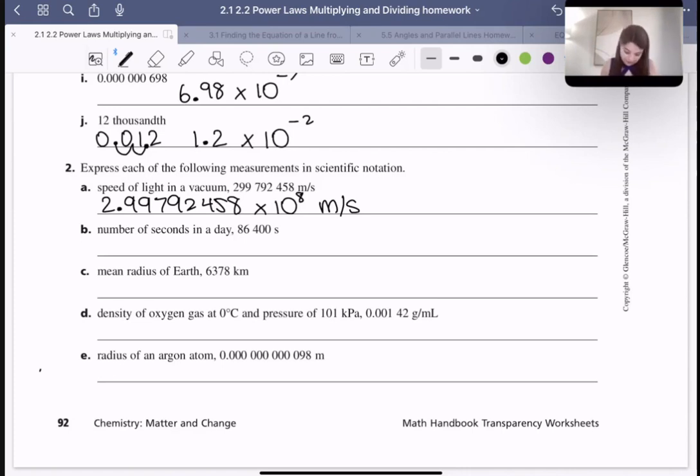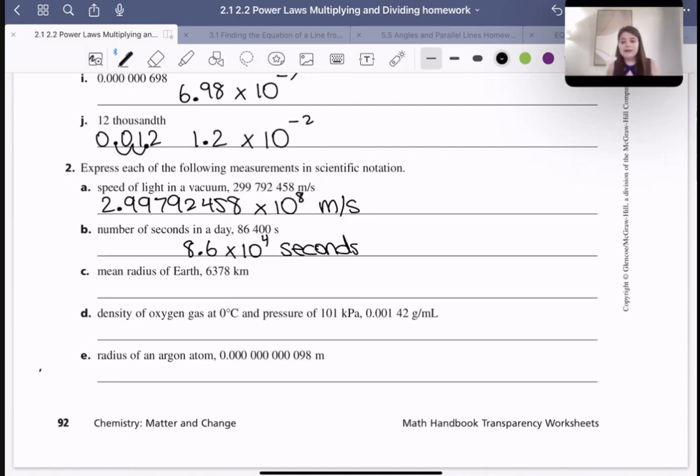Okay. Number of seconds in a day. 86,400 seconds in a day. Okay. Well, we got to start here and go 1, 2, 3, 4 over. So this would be 8.6 times 10 to the power of 4 seconds in a day. Awesome.